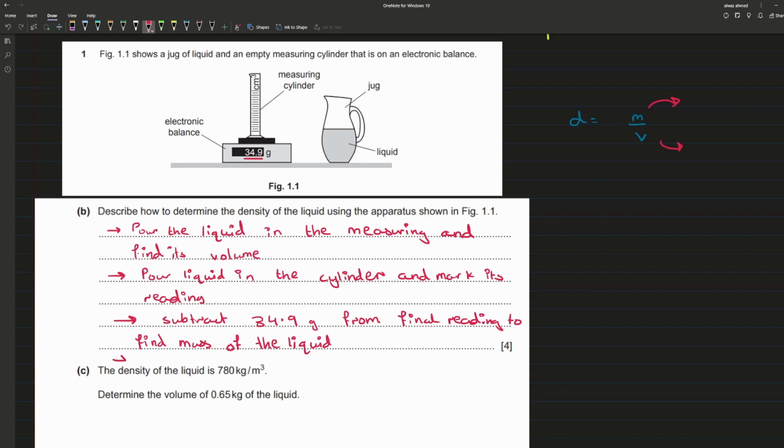And in our last point, we simply divide mass by volume to get density.